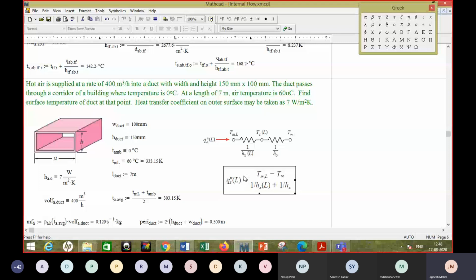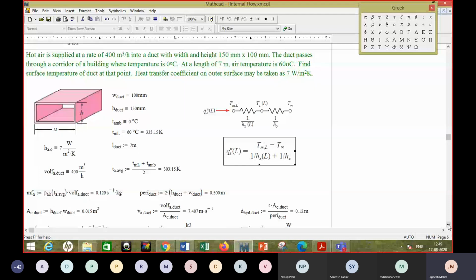So you may write it that way, or if you are writing it as a heat flux, you don't need to multiply by area, which is common for both, because the thickness is assumed to be 0. This is the total temperature difference, T_ML minus T_infinity, and the two resistances offered you have to sum because they are in series. This is also another concept, comparatively a new thing, which is being introduced here.